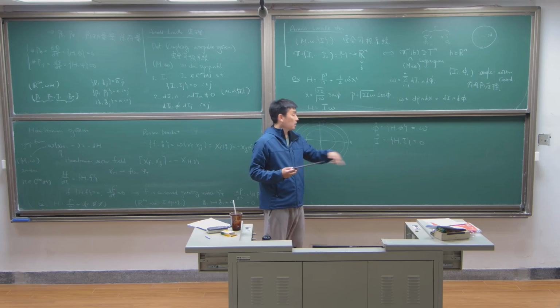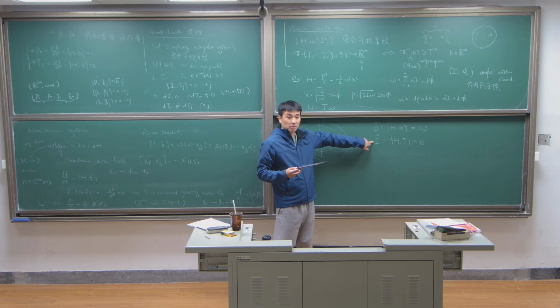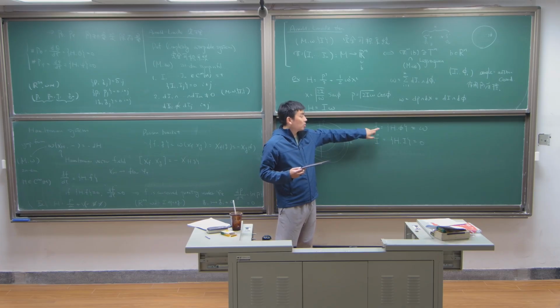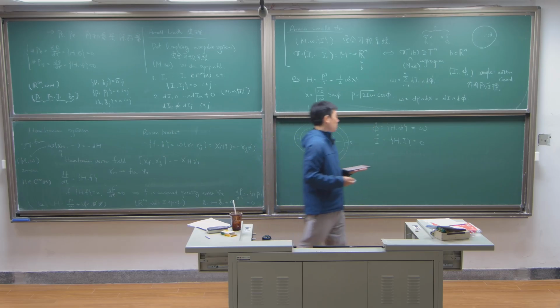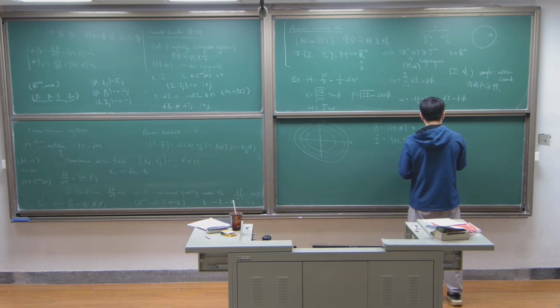This means energy conservation. And φ dot is equal to angular momentum. That's what it means.